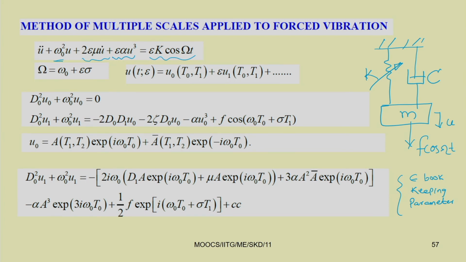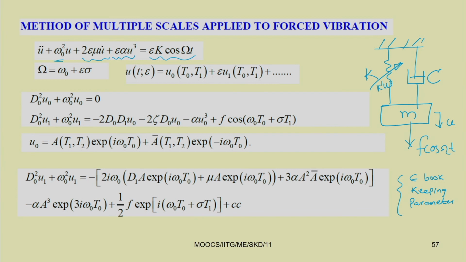If we use some nonlinear stiffness term, for example k dash u cube, then k dash u cube divided by m gives epsilon alpha, so this term becomes epsilon alpha u cube.